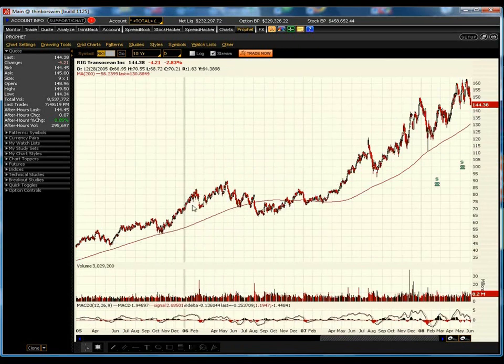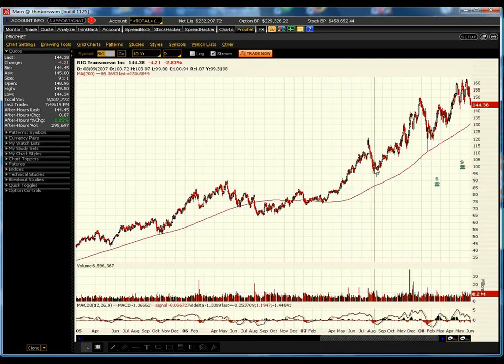For example, during this run here, maybe they bought a couple million shares, but they unload a couple hundred thousand here. They buy another million shares here, but then they start unloading a few hundred thousand shares here. They provide support by buying more here, selling here, buying more here.